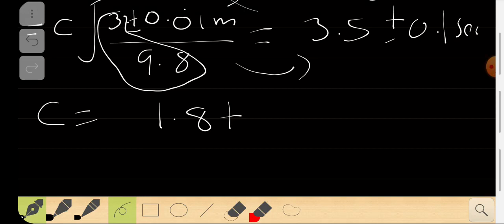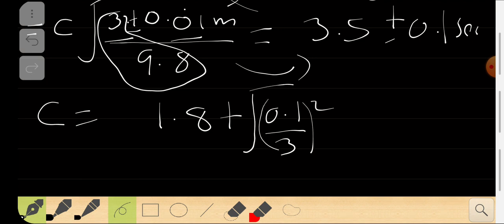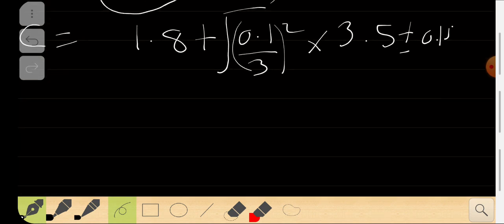That error can be written as 0.1 divided by 3, the square root of the square of that, as you did in the last example. Then the reciprocal times 3.5 plus or minus 0.1 second.